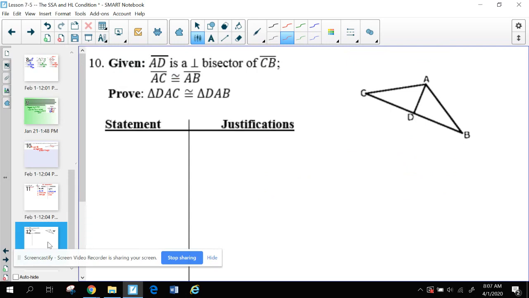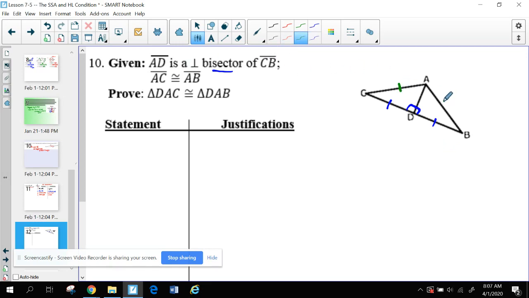All right, here we have that segment AD is a perpendicular bisector. So perpendicular bisector means a couple of things for us. The first thing it means is that it creates 90-degree angles. But then it also means, since it's a bisector, we can say that these two segments are congruent to one another. The other given up here is that AC is congruent to AB.